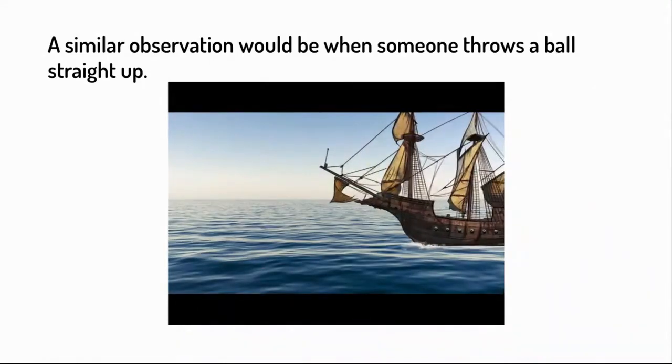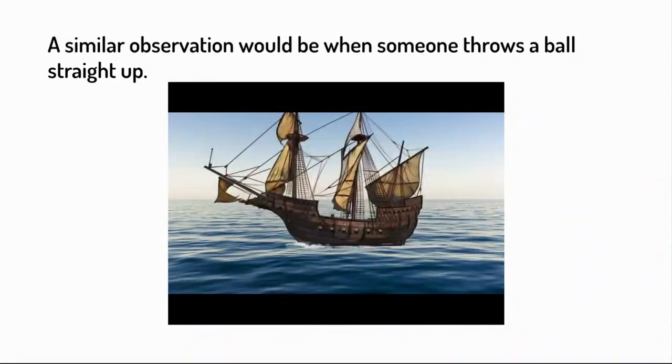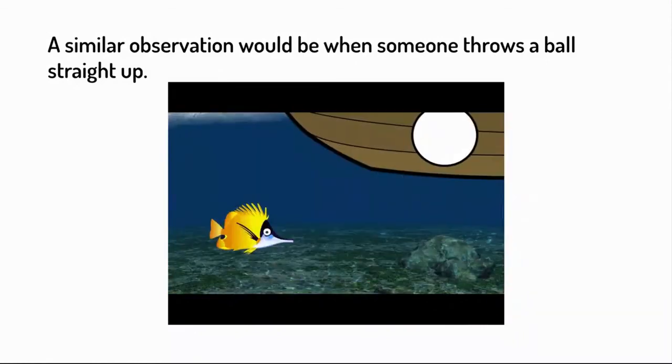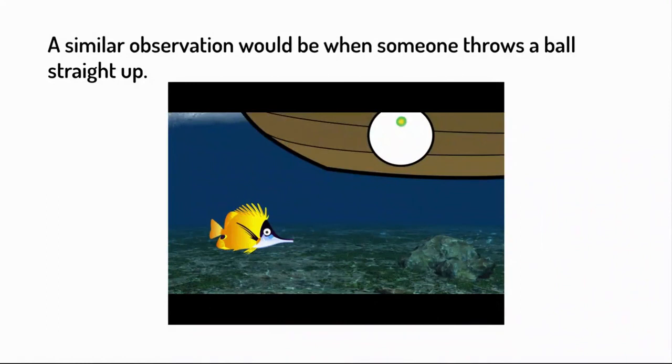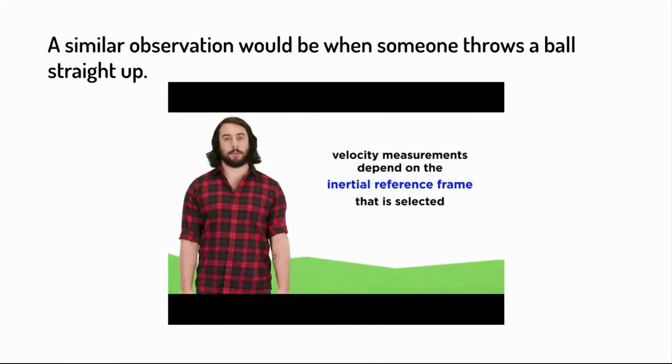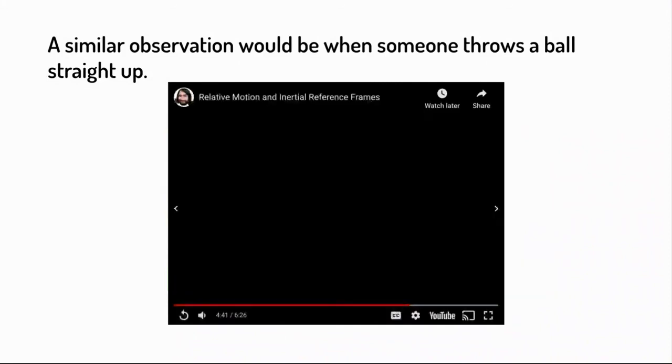He found that if he dropped a ball while the ship was moving with constant velocity, it fell straight down, just like it did when the ship was stationary in the port. He then contemplated how a fish nearby would view the motion, with the ball moving forward as it falls, and how this differs from his own experience. He used these experiments to prove that velocity measurements depend on which reference frame you adopt.